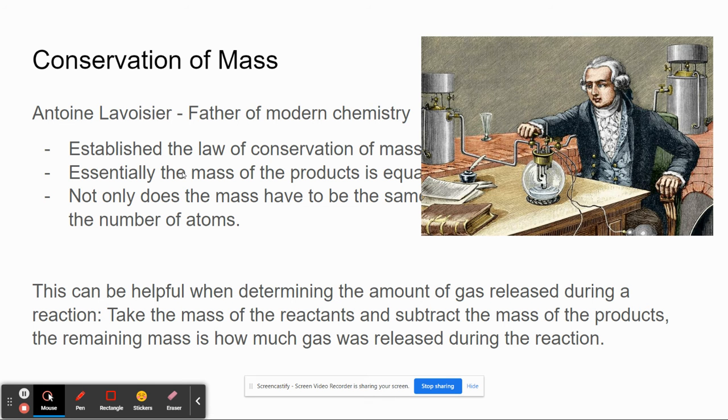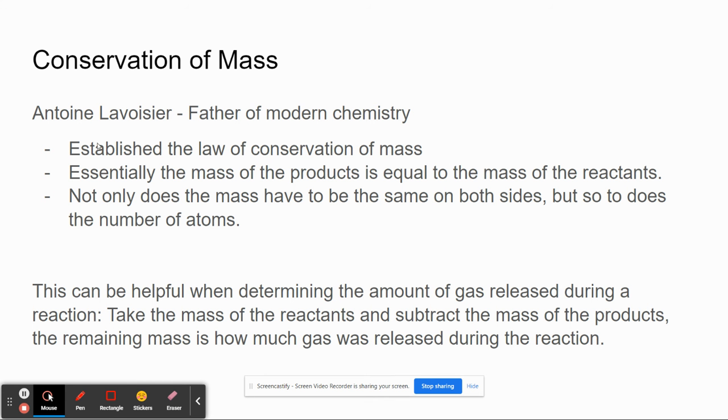All right, Antoine Lavoisier, this guy right here, the father of modern chemistry. What he did with chemical reactions, and this is going to be something that we use in our lab, probably tomorrow, depending when you watch this. He established that when he reacted mercury and oxygen, he had the same amount at the end as what he started with.